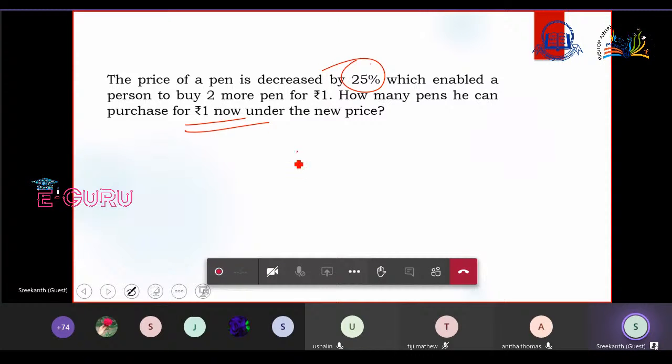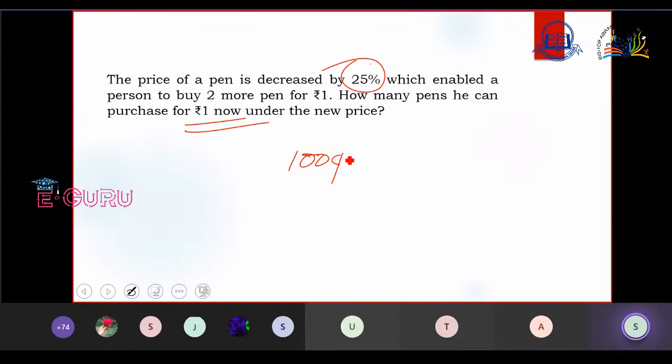So ₹1 means 100 paisa, right? So let's do it in this way. Initial price was 100 paisa. You have 100 paisa with you, and you went to the shop, came to know that a 25% price drop is there. So you just need to pay 75 paisa there.